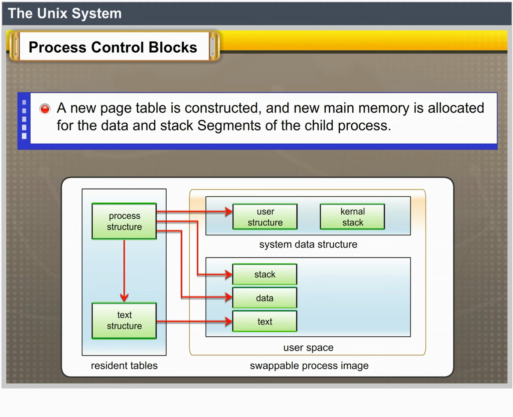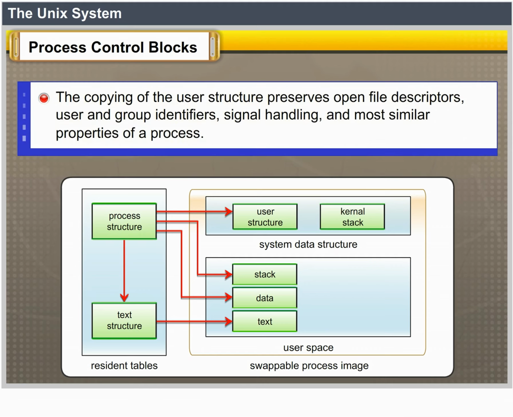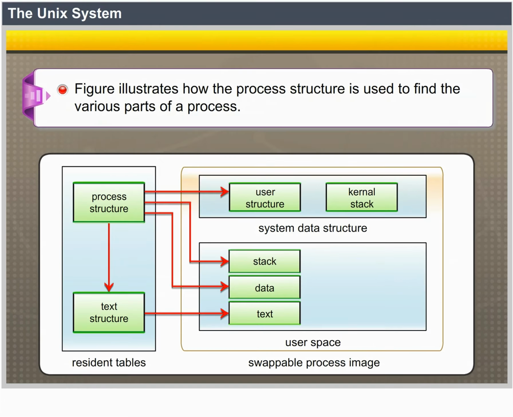A new page table is constructed and new main memory is allocated for the data and stack segments of the child process. The copying of the user structure preserves open file descriptors, user and group identifiers, signal handling, and most similar properties of a process. Figure illustrates how the process structure is used to find the various parts of a process.